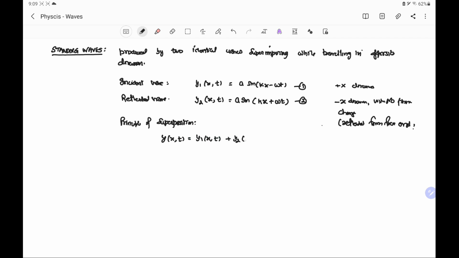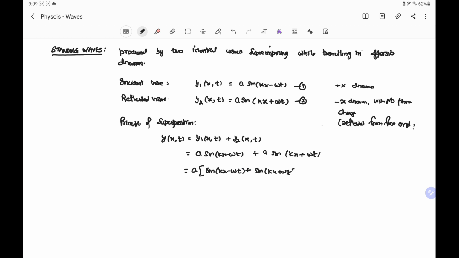Substituting the values, this will be a sin(kx minus omega t) plus a sin(kx plus omega t). Here a is common, so it is taken out.